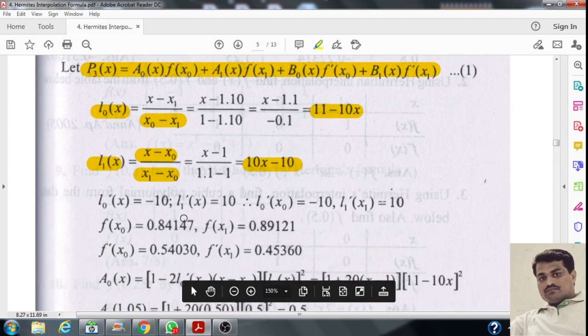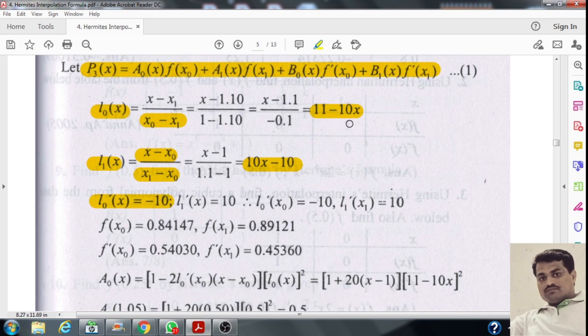Thus, using this L0 of x and L1 of x, we differentiate and we get L0 dash of x is equal to minus 10, because the derivative of this term is minus 10, the derivative of 11 is 0, and the derivative of x is 1. Also differentiating L1 of x, we get L1 dash of x is equal to 10.